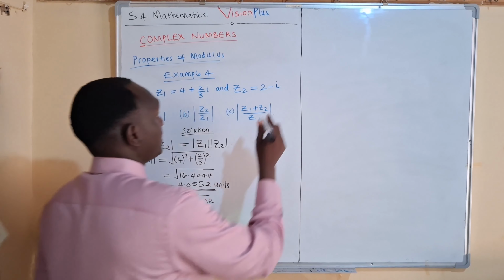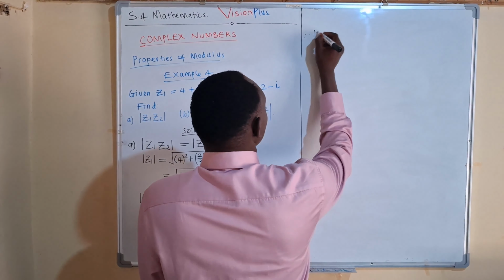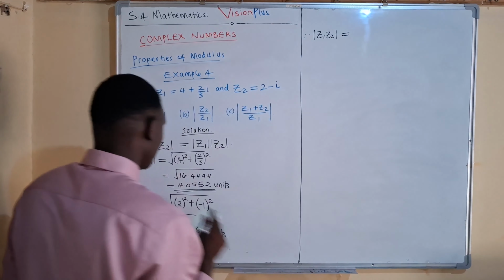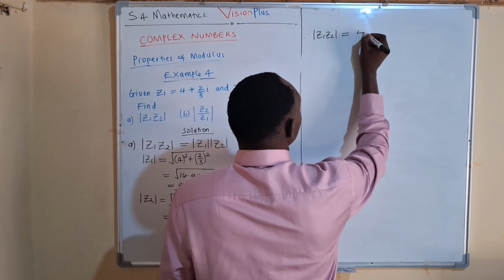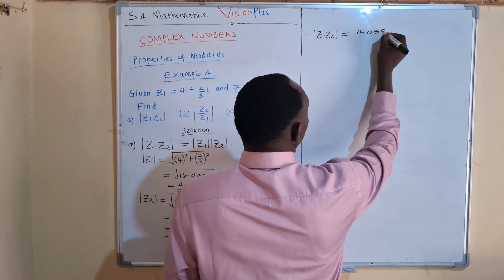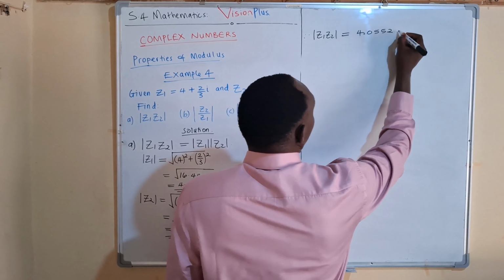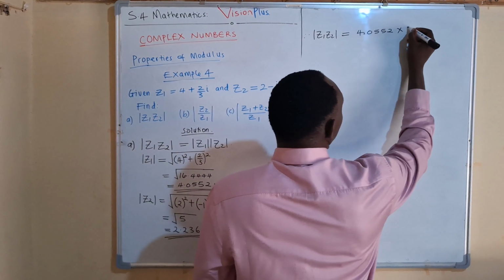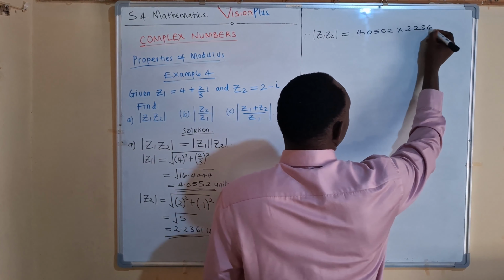Now, part A says Z1 Z2, so we just need to multiply. Therefore, the magnitude of Z1 Z2 is the same as the magnitude of Z1, which is 4.0552, but we are multiplying it by the magnitude of Z2, which is 2.2361.